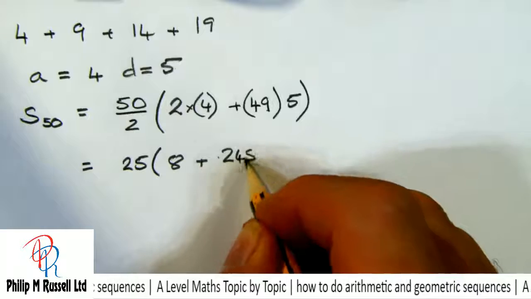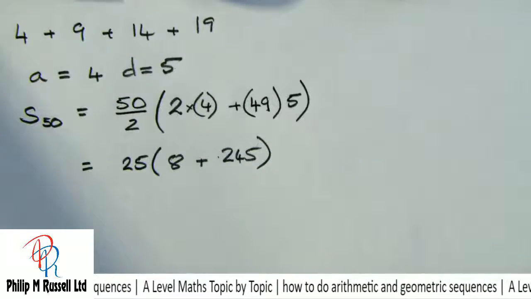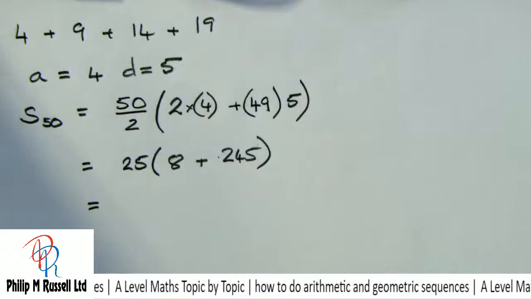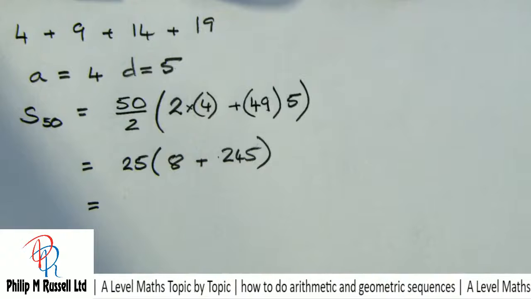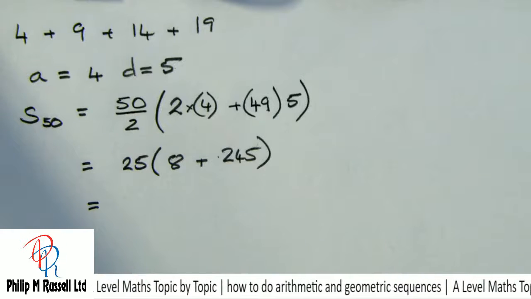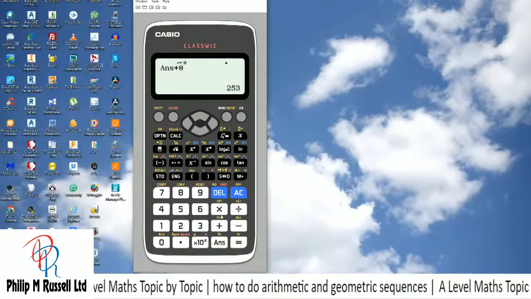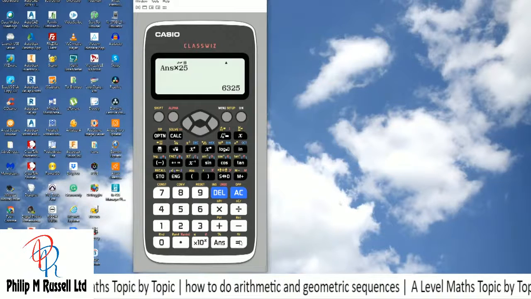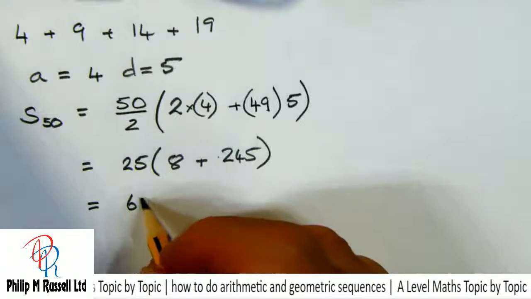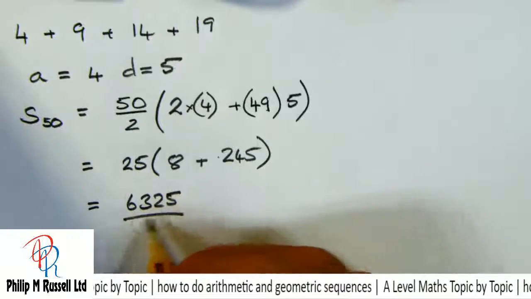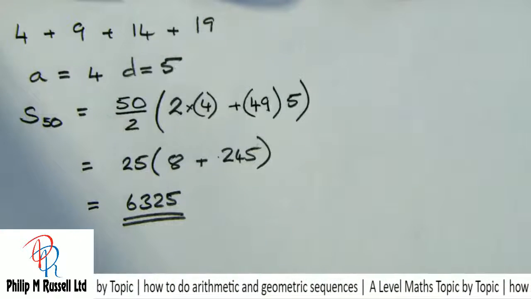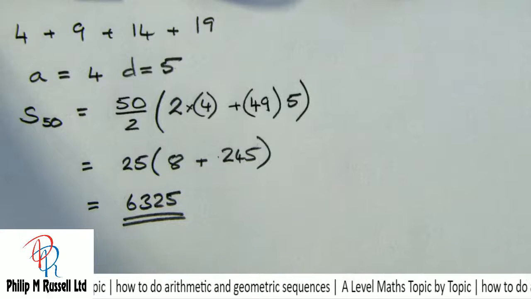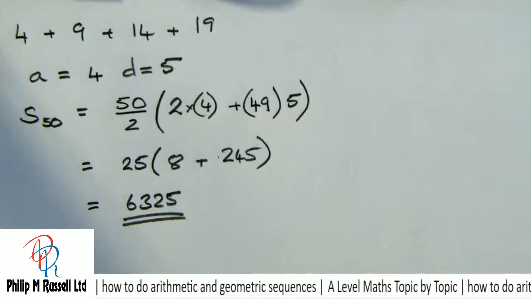Now we can add on our 8, and what we can do is multiply 253 by 25, giving me the answer of 6325. So we can solve these things relatively easily just by putting in these numbers.